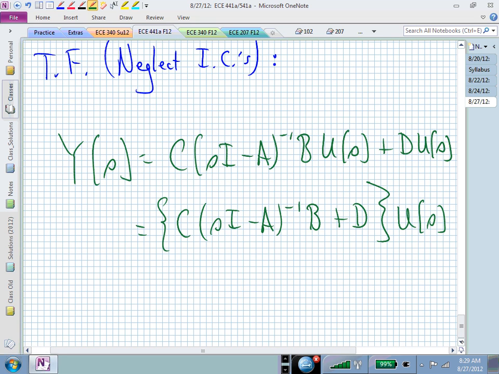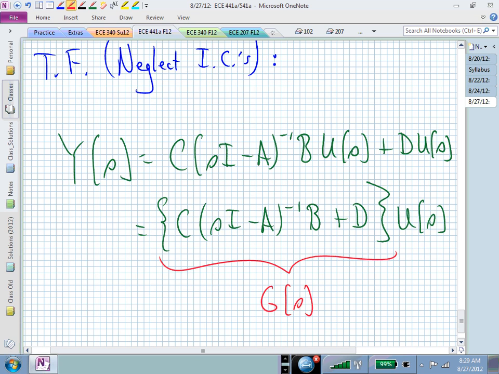And now, if somebody gives you a state space representation in terms of an A matrix, a B matrix, a C matrix, and a D matrix, now you can immediately find the transfer function between the input and the output by substituting those particular matrices into this expression and computing that expression.